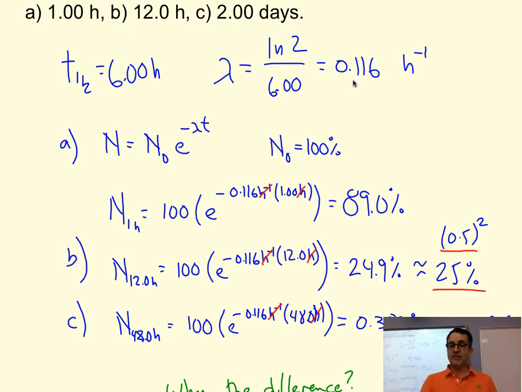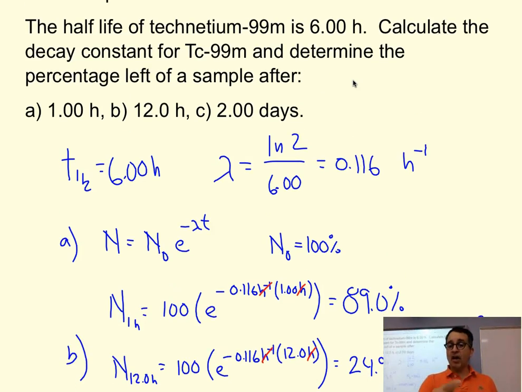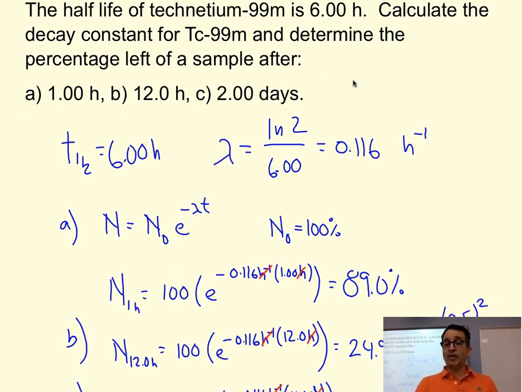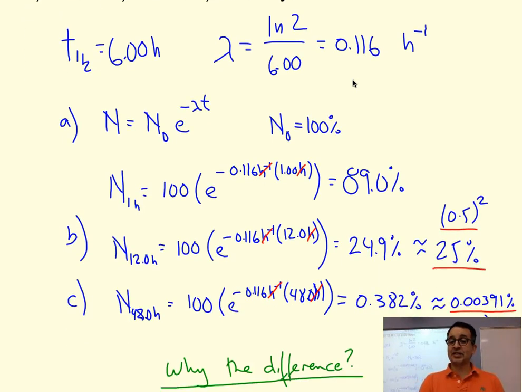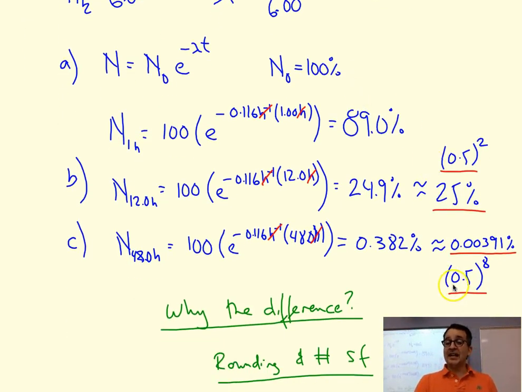If you had 48 hours, which is 2 days, 48 hours is also a multiple of 6. You should be getting half to the 8th, which is the real value. But because we have used our decay constant as a rounded value, and just the right number of significant figures, you're not going to get quite the same number.